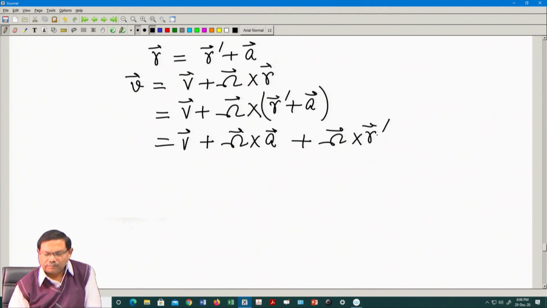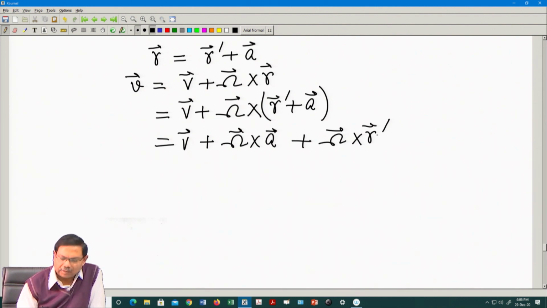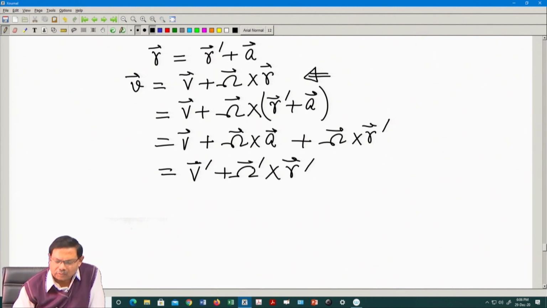We have to write this in the format of some velocity of the new origin, V prime, plus omega prime cross r prime, because we do not know what omega prime is.